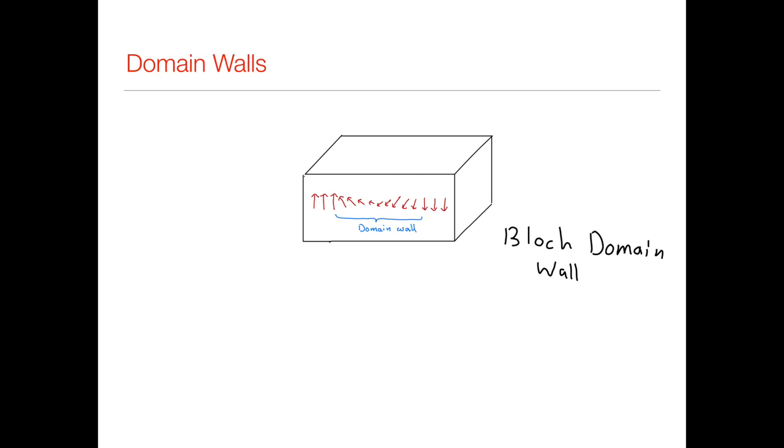And the width of this wall is controlled by the contribution from the exchange and the contribution from the anisotropy. So you might say, well, why couldn't we have a wall that was exactly like this, a nice sharp wall?